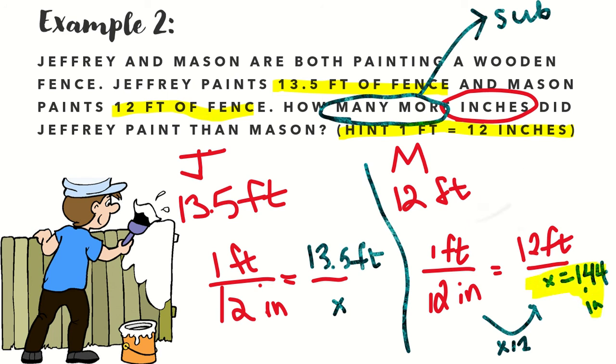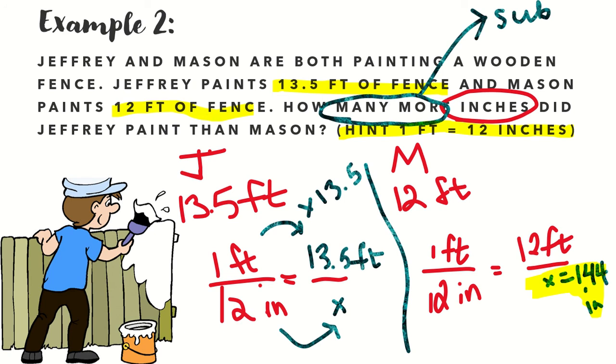Let's tackle Jeffrey's and not avoid it. Well, the pattern is times 13.5, and we would have to do the same to the bottom. I just need to create some room for myself.